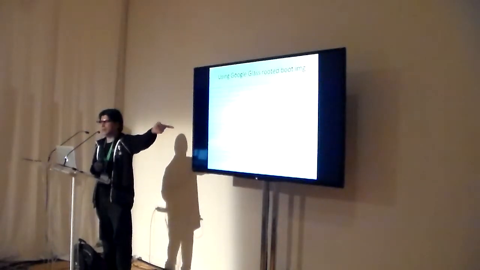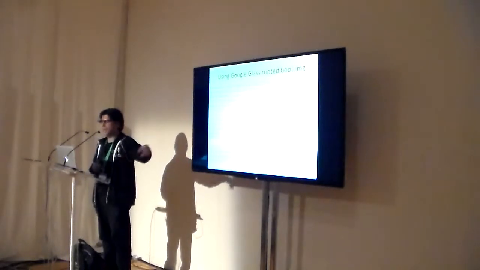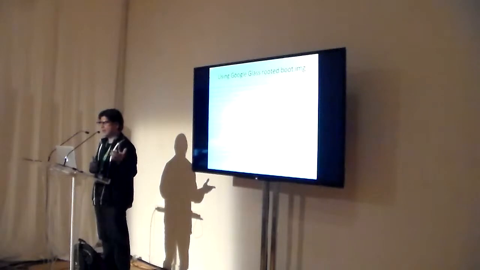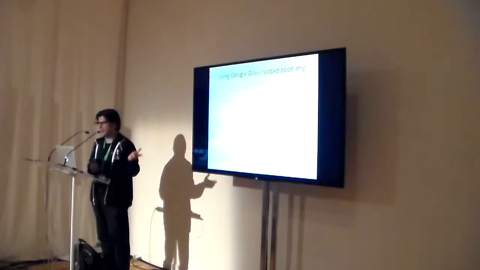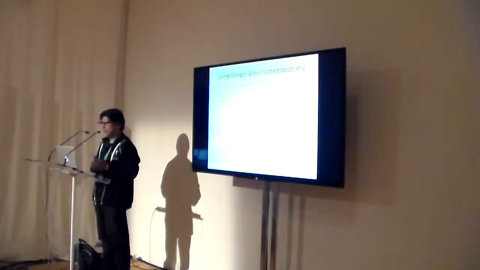Fortunately, Google does supply a rooted boot image on their website. Once you download that image, you can run fastboot flash boot and the name of the boot image. And the next time you reboot, you have the ability to run ADB root.